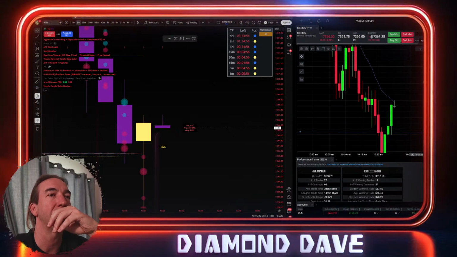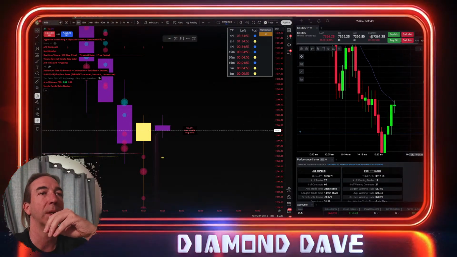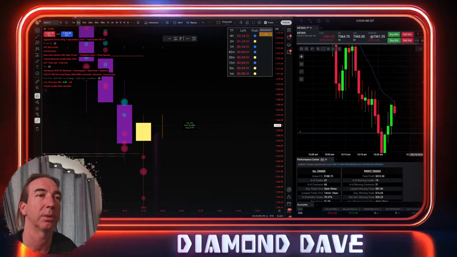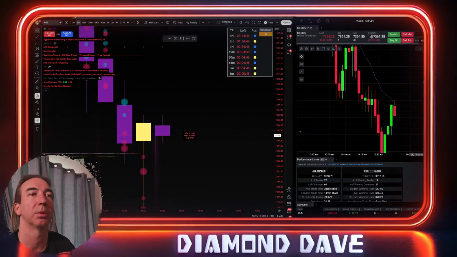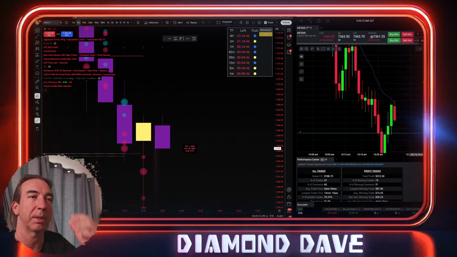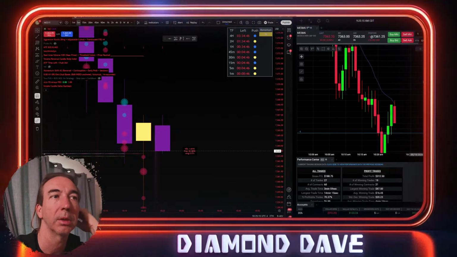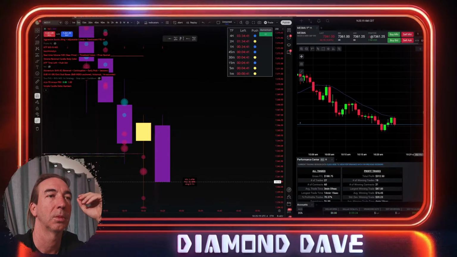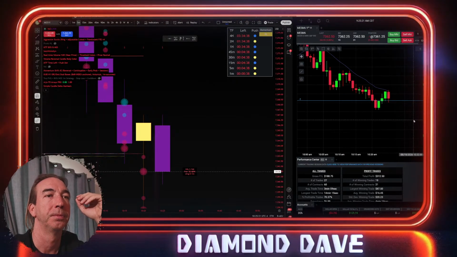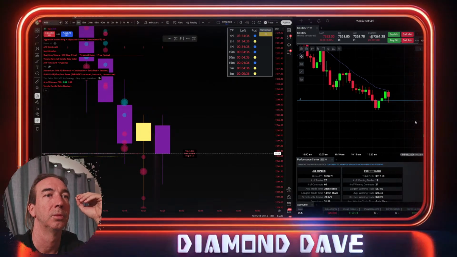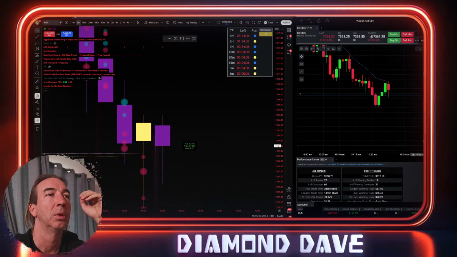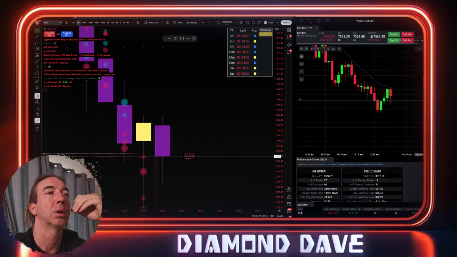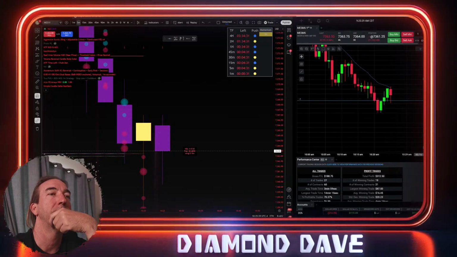If it gives us the opportunity to go below again, then I will change my stop loss. We are tweezer topping this candle here. Could have got out of that trade.